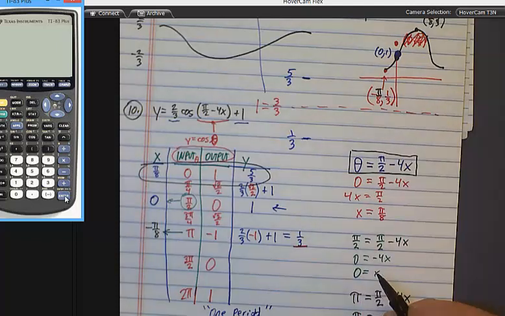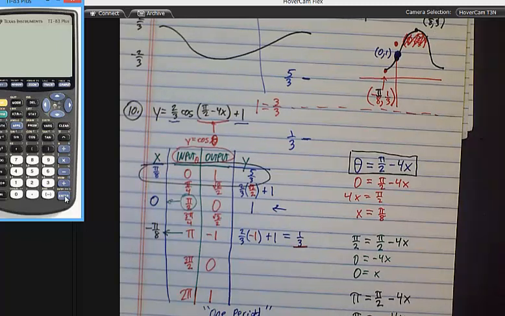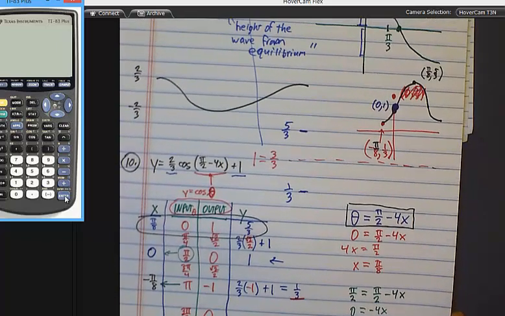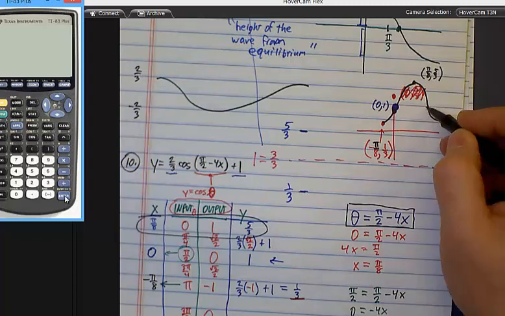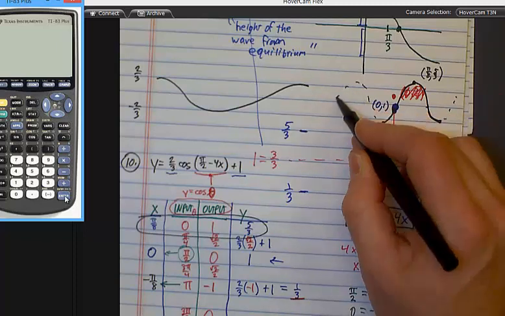Pi over 8 gives me 5/3. That picture up there is kind of showing you what's happening. Eventually it's going to come back down to the minimum value and then go back up, and it's this wave. It keeps repeating. But the book says graph one fundamental cycle.